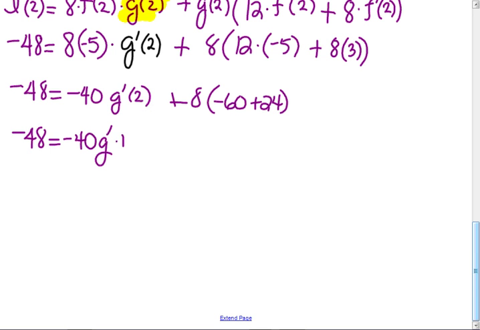plus 8 times what? Negative 36. Because that was from way up here. What's g prime? That's one we don't know. That's what I'm trying to find.